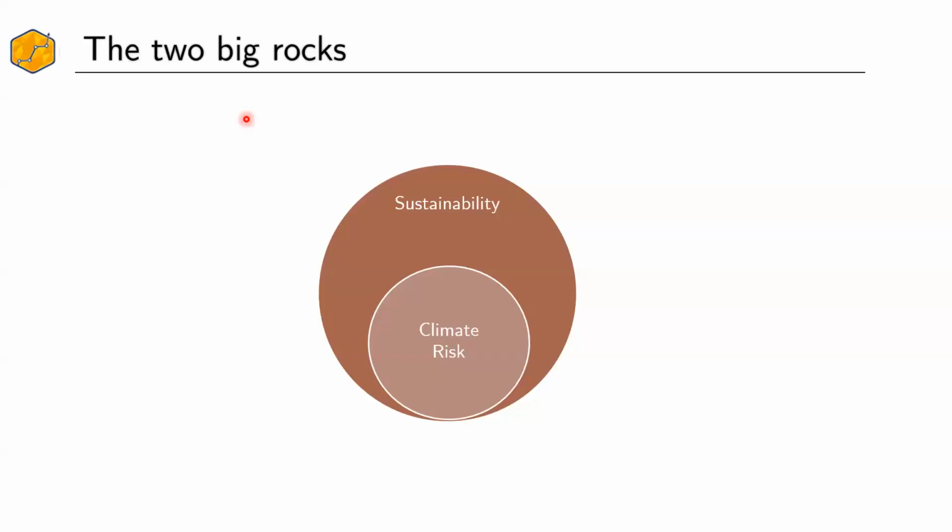Our entire course revolves around these two topics. One is sustainability, which is a much broader concept. Within sustainability, we have three different terms. You must have heard about this: environment, social, and governance, ESG. ESG is the buzzword today in corporates. Within ESG, climate risk is part of E, environment.